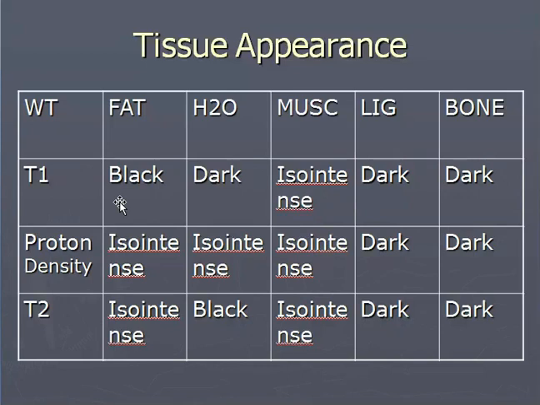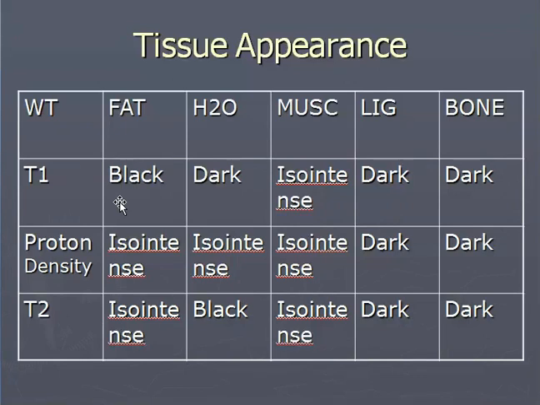On proton dense images, which is actually midway between T1 and T2 weighted images, fat appears iso-intense, water iso-intense, muscle iso-intense, ligaments dark and bone again dark.